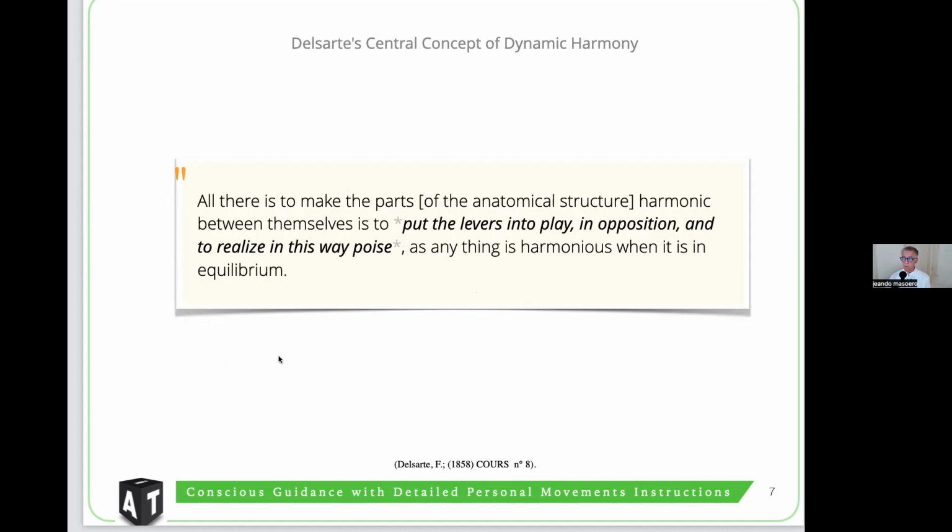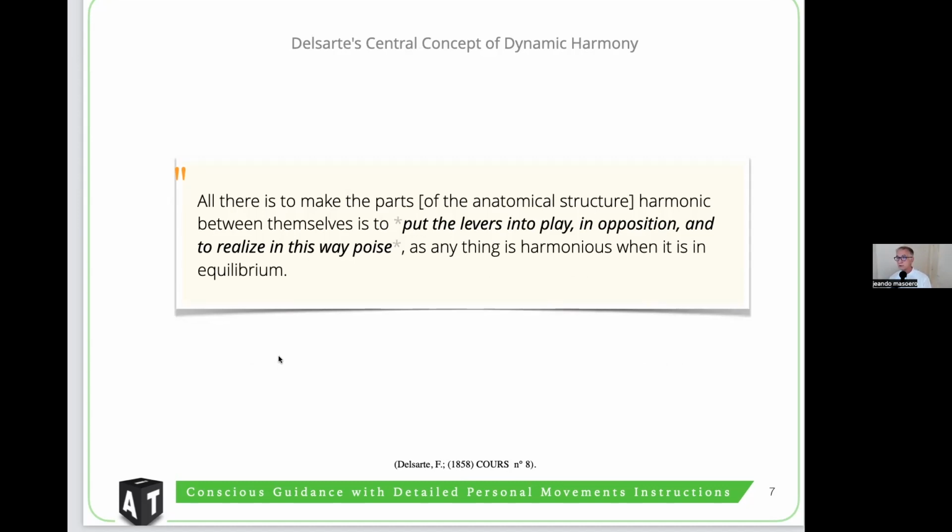And so, what is central to Delsarte is the concept of dynamic harmony. So it's very important to understand that the initial Alexander technique draws its root, its center from there.